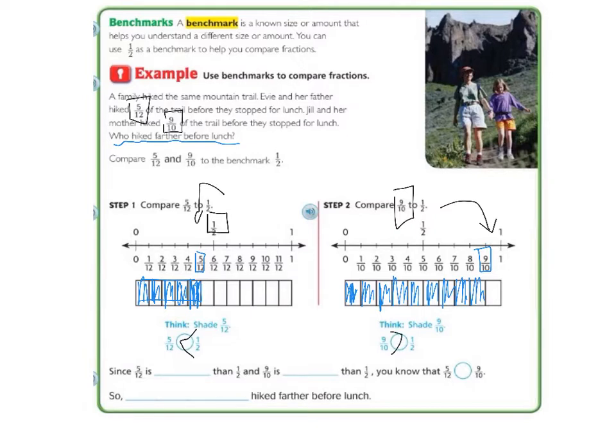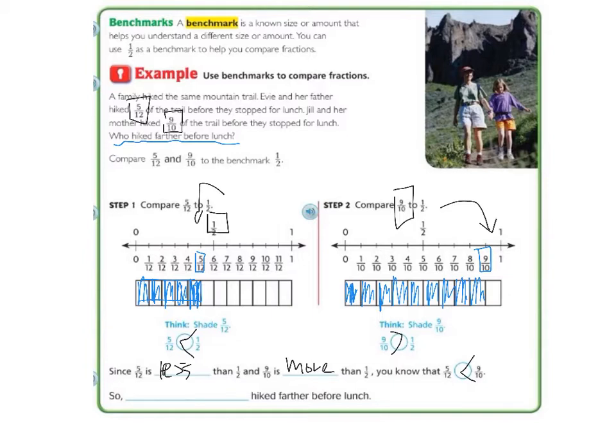And since 5/12 is less than half, and 9/10 is more than half, we know that 5/12 is smaller than 9/10, because 9/10 is almost a whole.